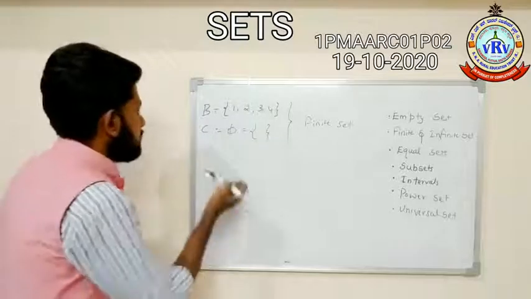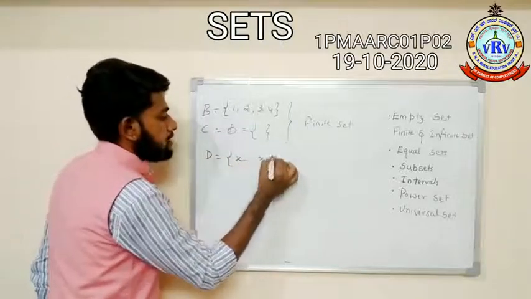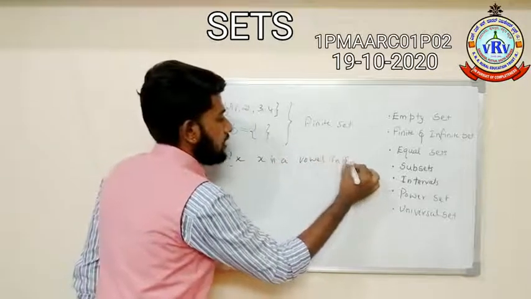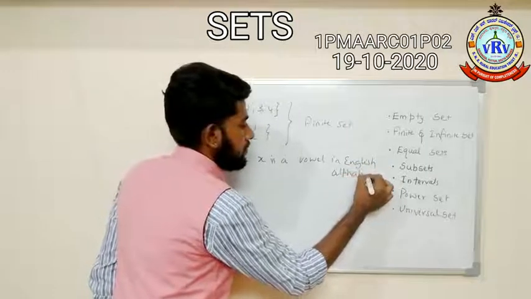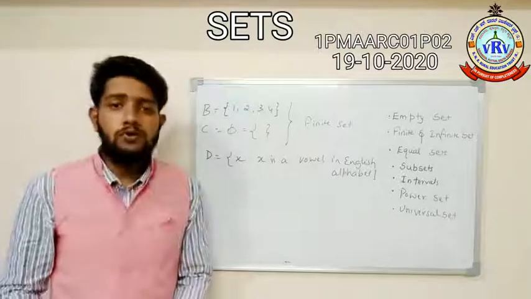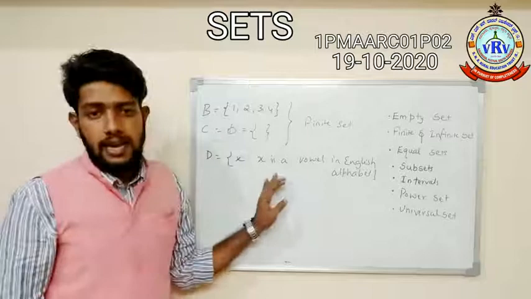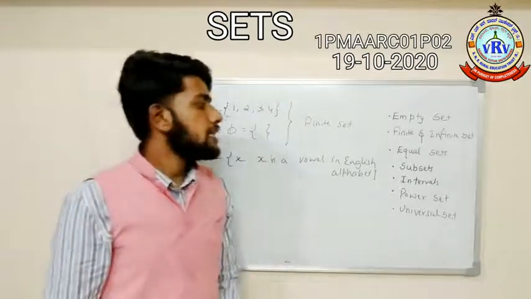Or take a set like this: x is a vowel in the English alphabet. In this case we have exactly 5 vowels in the English alphabet. Therefore D contains 5 elements, so D is a finite set.